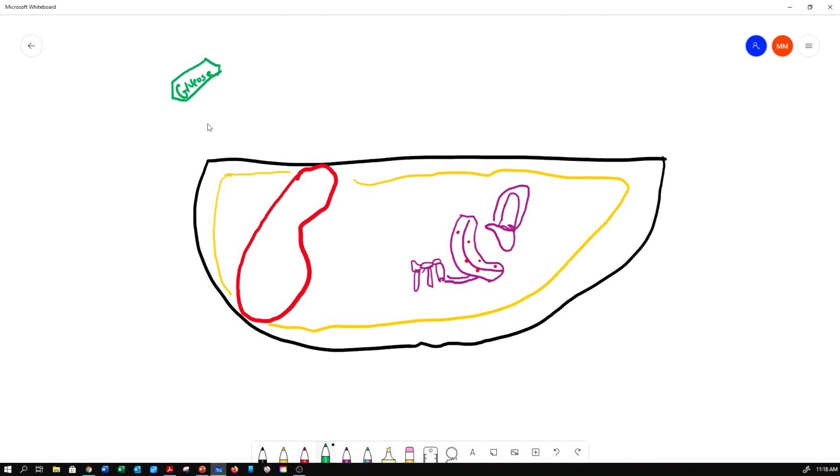All right, and so we know that glucose enters a cell, that a reaction occurs inside that cytoplasm, right?